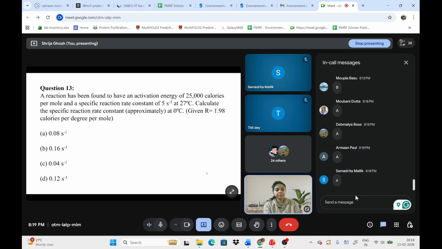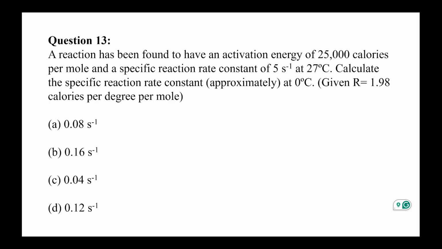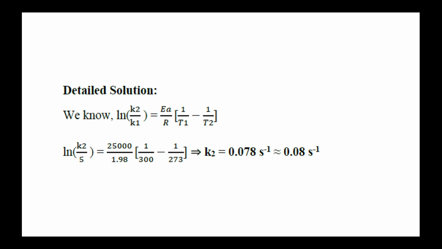Only 4 people have answered option A. What about others? Okay, I'll tell you how to solve this question. Option A, that is 0.08 per second, that is the correct answer.